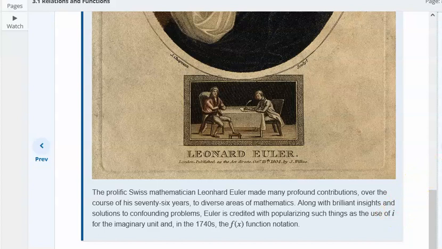And one of the other famous things attributed to him is the letter e, which I often refer to as Euler's e, although he personally didn't name it that way after himself. He has a number of things in math named after him. If you ever do a Google search of Euler, you can see the many contributions that he made to mathematics.